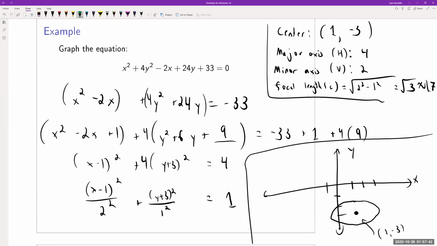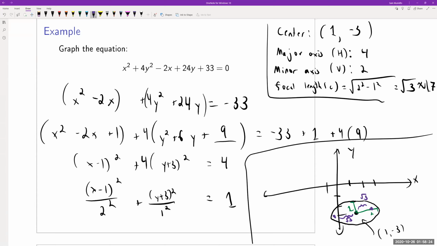Then we've got this distance of 2 and this distance of 1. We can also label the foci with this distance of square root 3. There is a focus on both sides, so we'll put one on both sides. This is the kind of detail I want to see for an ellipse. The center marked and labeled, the major and minor axis labeled, and the foci labeled with the distances on the foci put in.